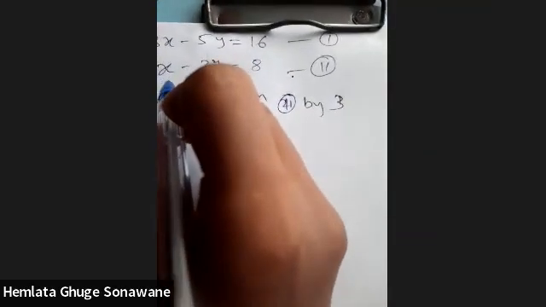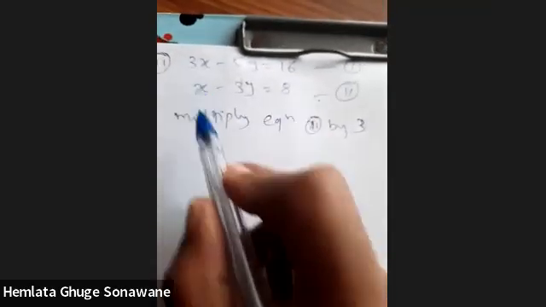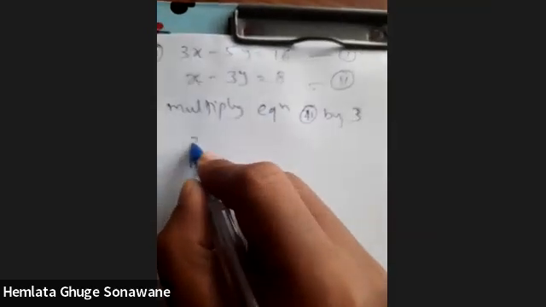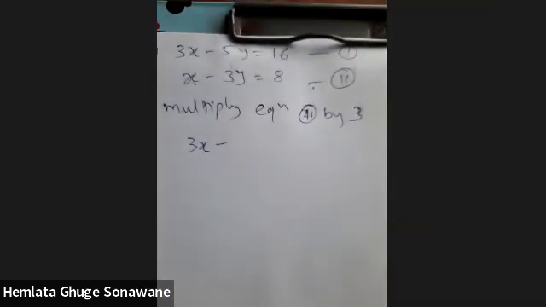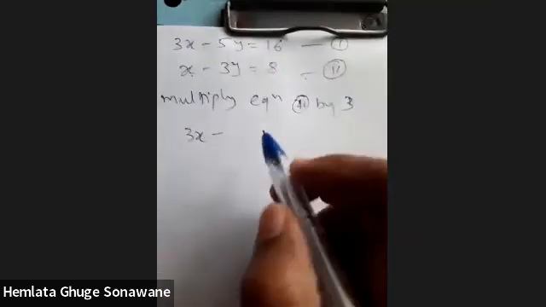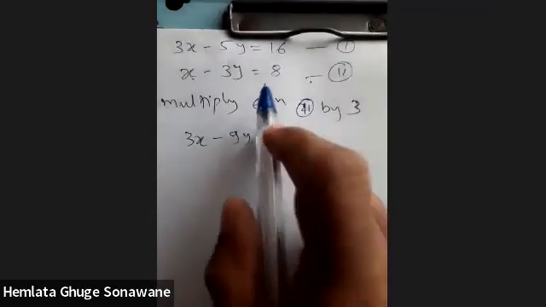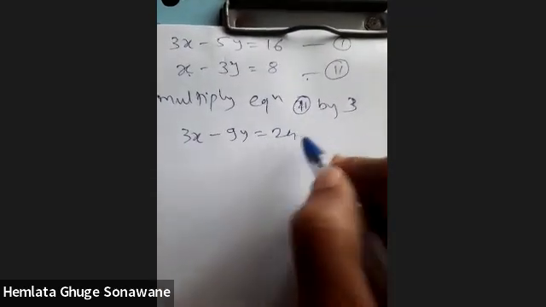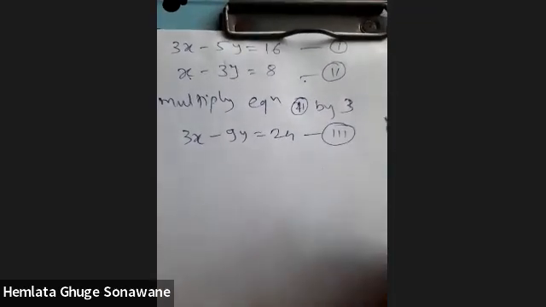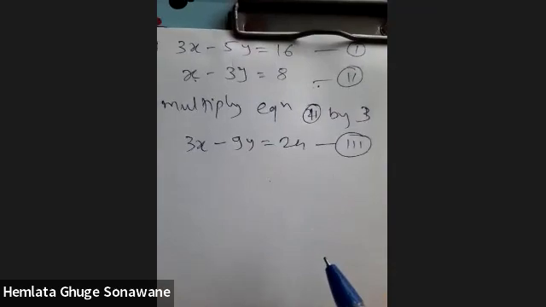So this equation becomes 3 into x is 3x minus 3 into 3y is 3 threes are 9y, and 8 times 3 is 24. This is our equation number 3 we have got.